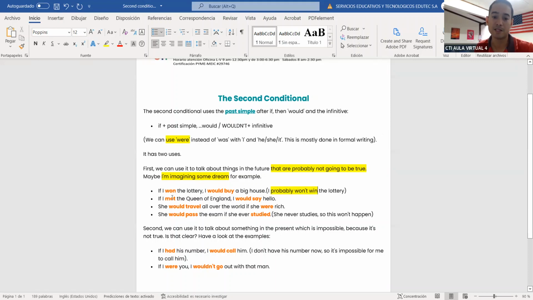If I met the Queen of England, I would say hello. You're not even making plans to go to England, and that's very difficult to happen. For example, she would travel all over the world if she were rich. She isn't rich, and the possibilities to become rich out of the blue are not so simple.